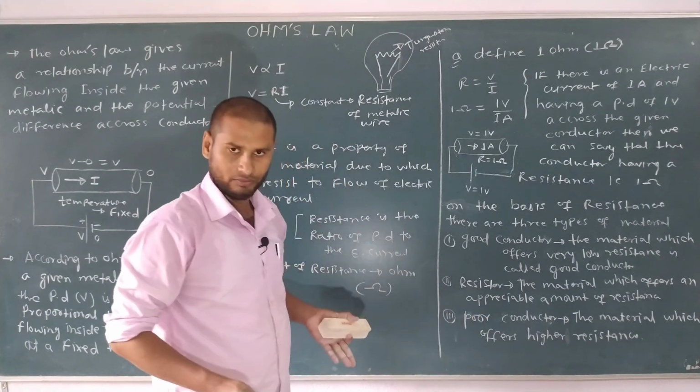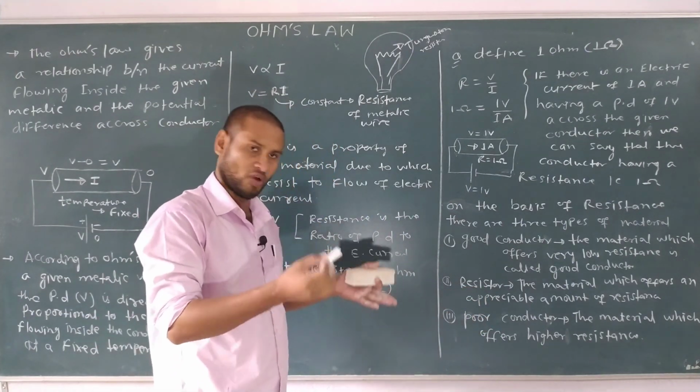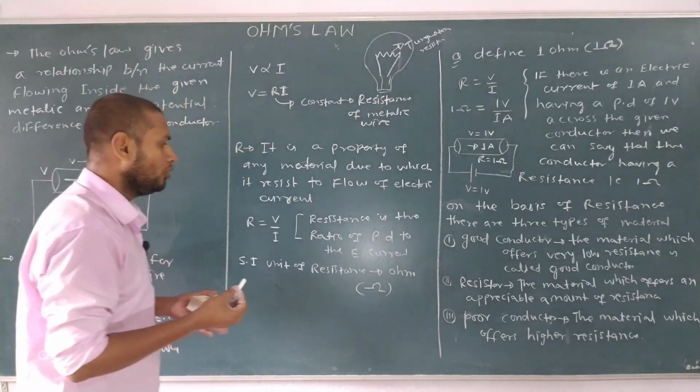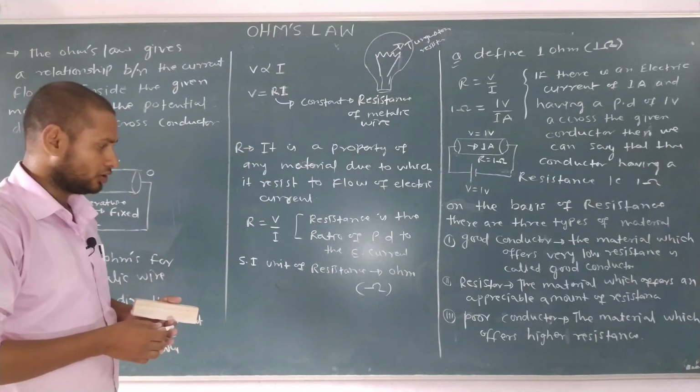Suppose this is the board, and this chalk is an insulator or poor conductor which does not allow the electric current to flow. Okay, I hope you are able to follow me. Thank you very much.